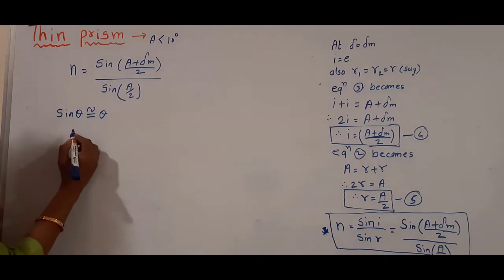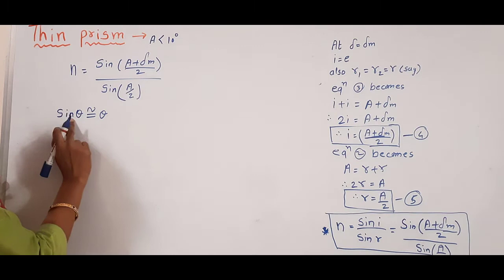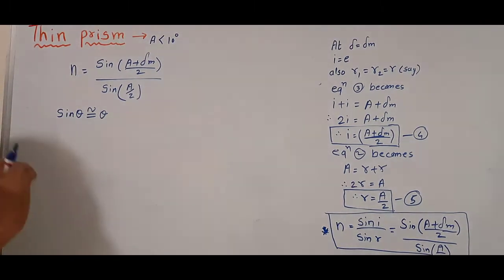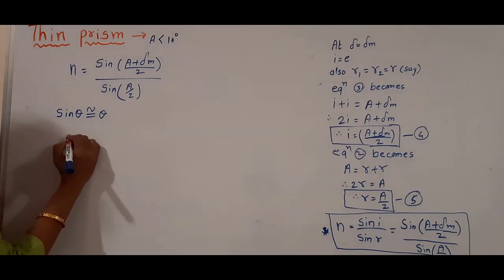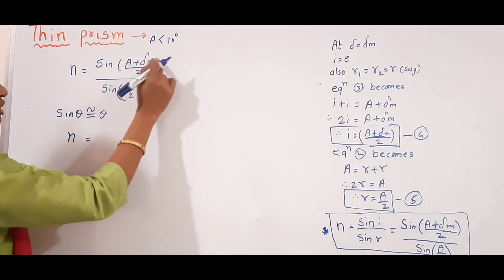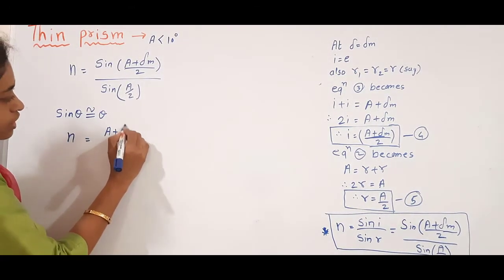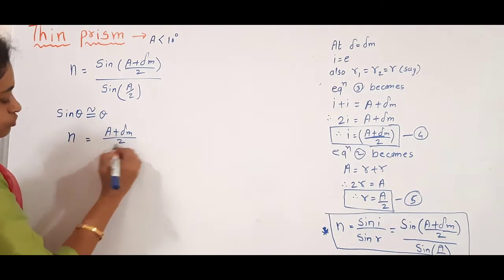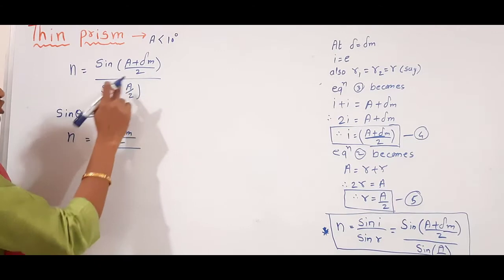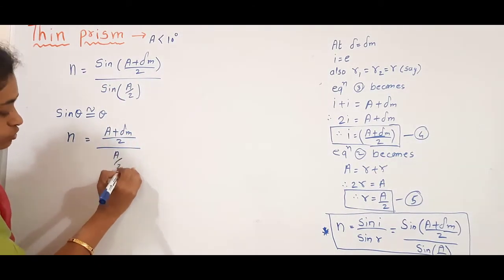When theta is small, sine theta is approximately equal to theta when theta is expressed in radians. We will write here n is equal to A plus delta m divided by 2 upon A by 2.